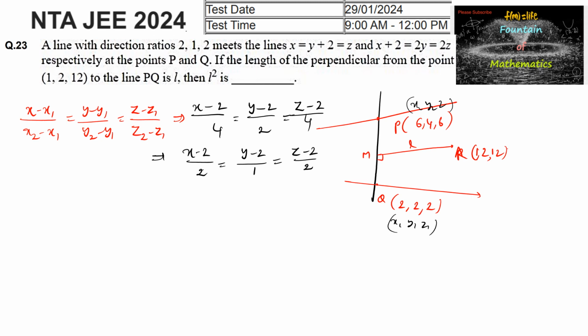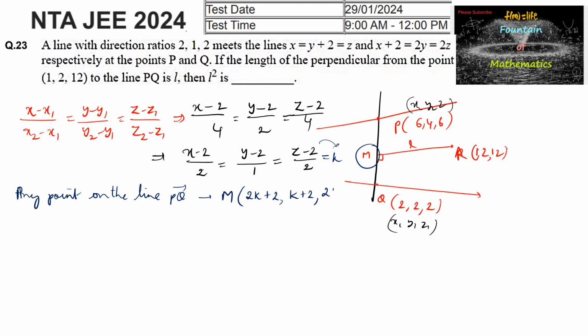And let us consider it equal to k to get the general point M. So any point on the line PQ can be taken as M is 2k plus 2, and y coordinate k plus 2, and z coordinate we can write 2k plus 2.